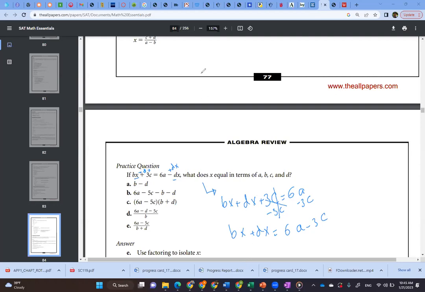Now we're going to make the factoring. Factoring means we're going to take x as a common factor because we have two different terms with x over here. So x as a factor multiplied by (b plus d) equals 6a minus 3c, right?